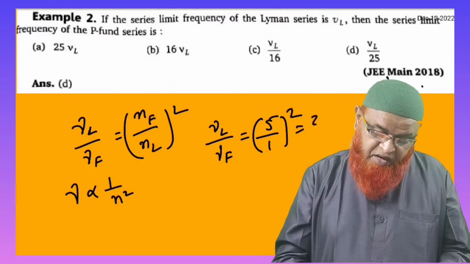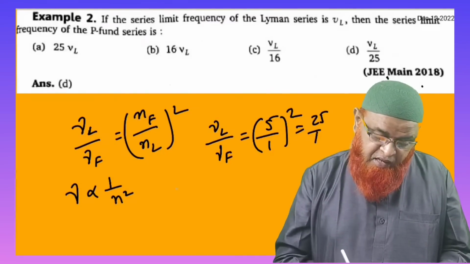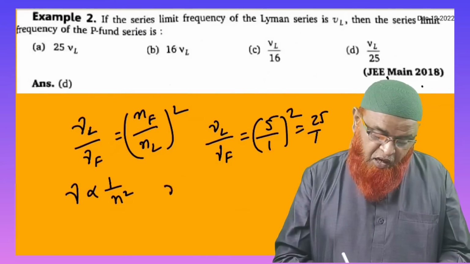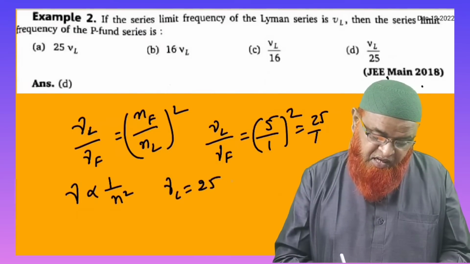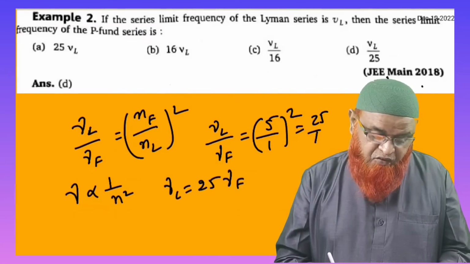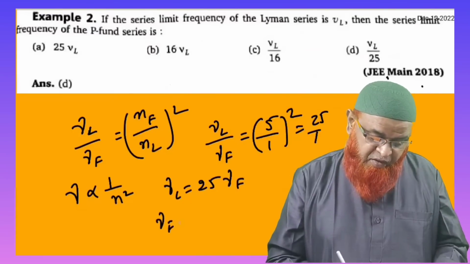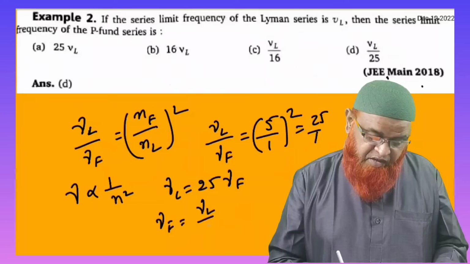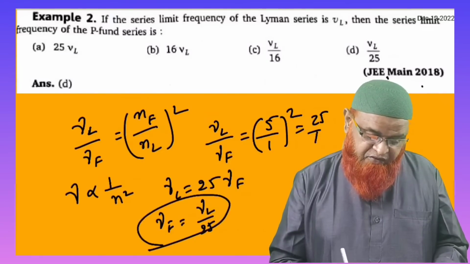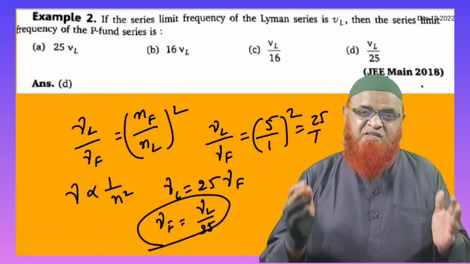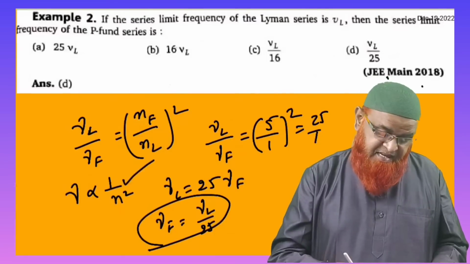So therefore it can be written as 25 by 1 here. So frequency of Lyman series is 25 times the frequency of Pfund series, we can say. Or we can also write frequency of Pfund series is equal to frequency of Lyman series divided by 25. So these two relations we're getting just by single step method.